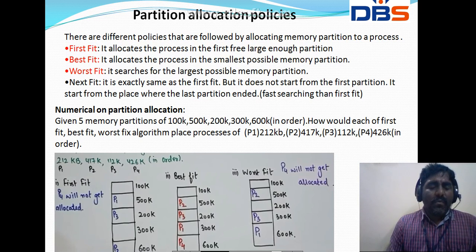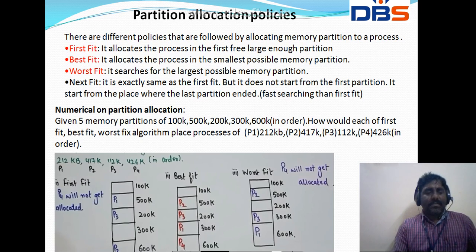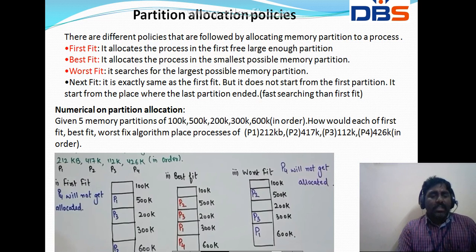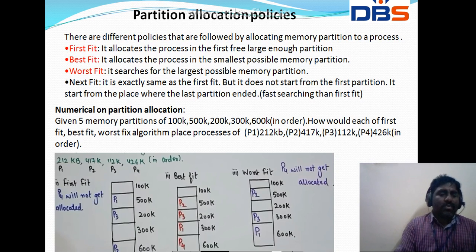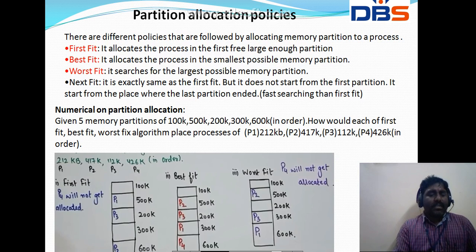Here we have 5 partitions with 4 processes, and the partitions are 100, 500, 200, 300, 600.